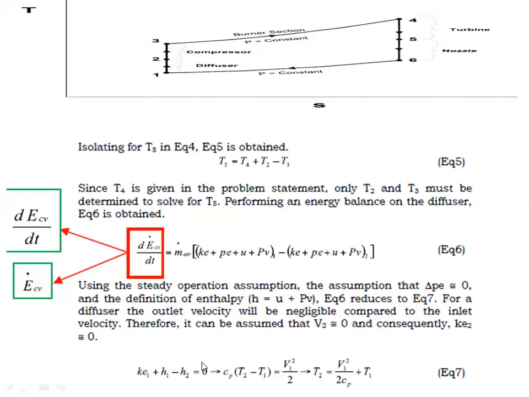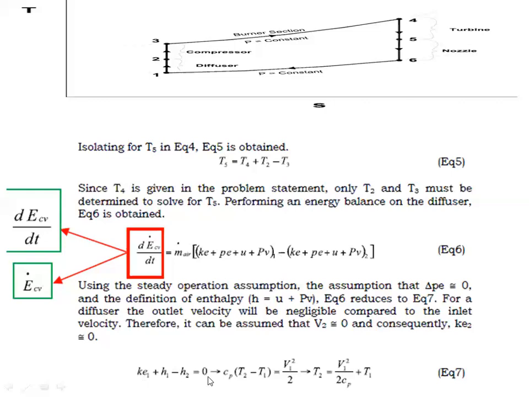It is possible to write kinetic energy 1 plus H1 minus H2 must be equal to 0. Why? Because at the diffuser outlet, in the ideal process, the velocity must be equal to 0. Therefore, the kinetic energy at point 2 must be equal to 0.